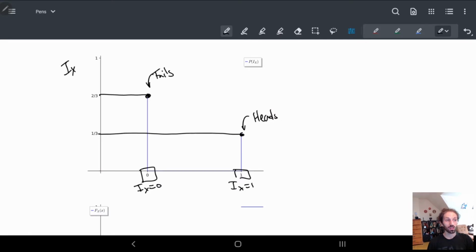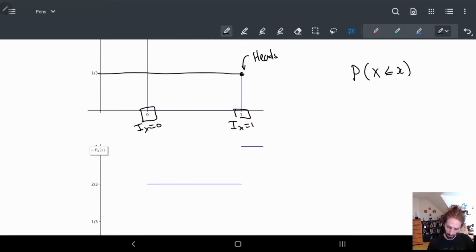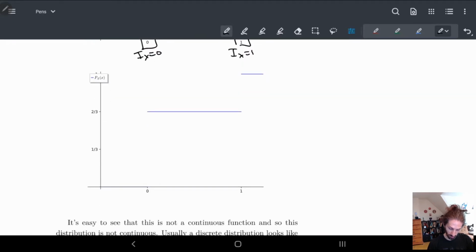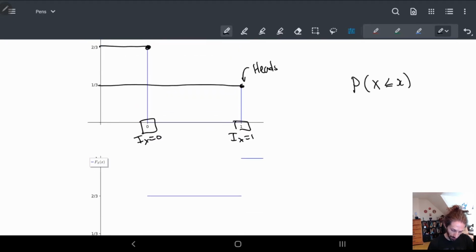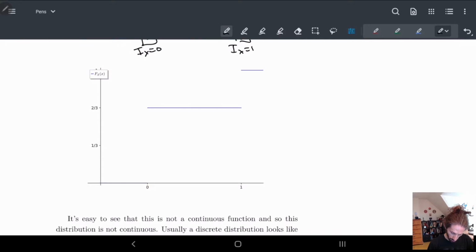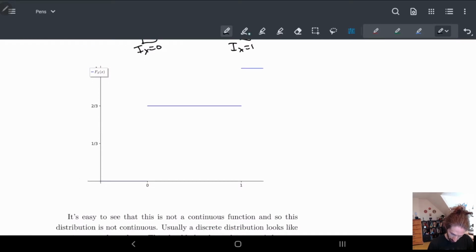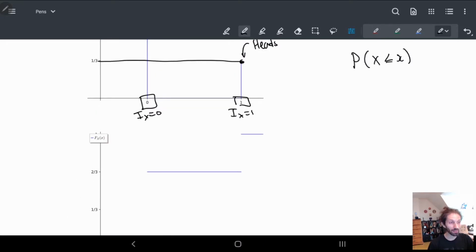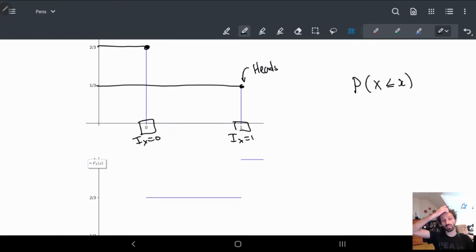So when we're doing the cumulative distribution function, remember, we have to look at P of X less than or equal to x. So here we'll look at things over time. If anything is below x equal to 0, everything here is basically nothing, because we don't have anything happen. And then at x equals 0, we suddenly have a spike.